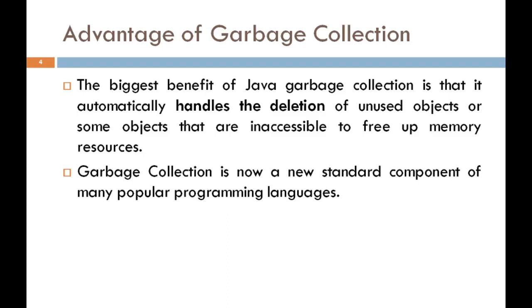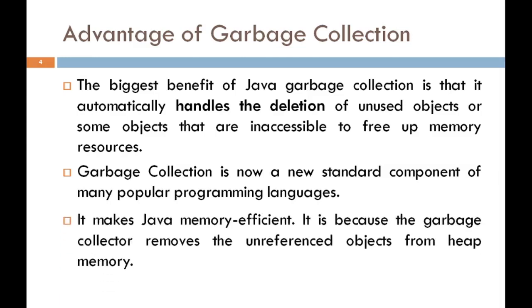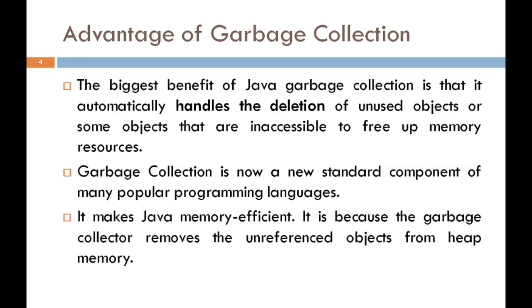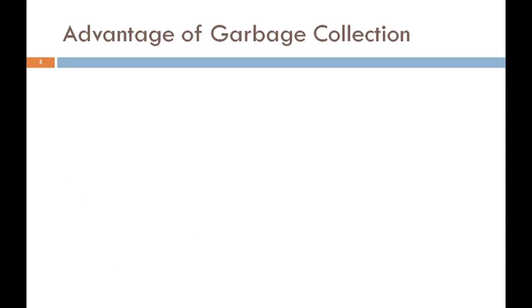Garbage collection is now a standard component of many popular programming languages like Java, Python, .NET, etc. It makes Java memory efficient because the garbage collector removes the unreferenced objects from the heap memory and it provides memory space for future allocation.